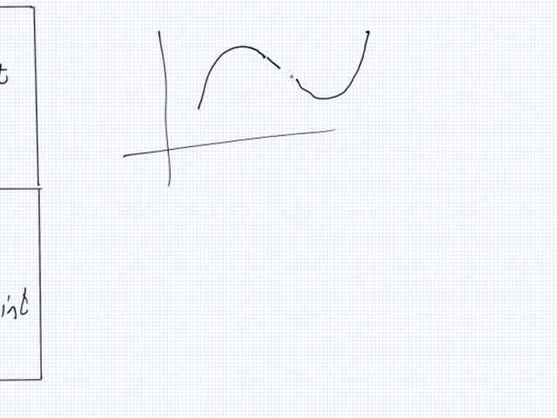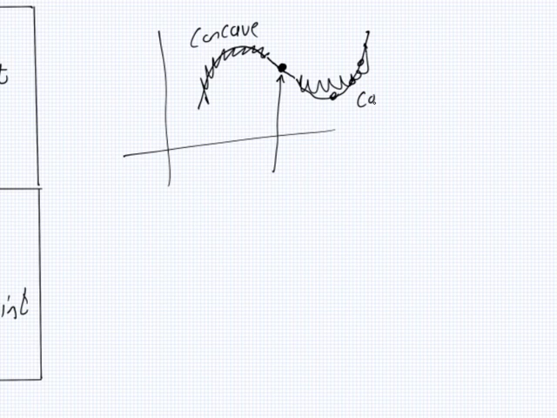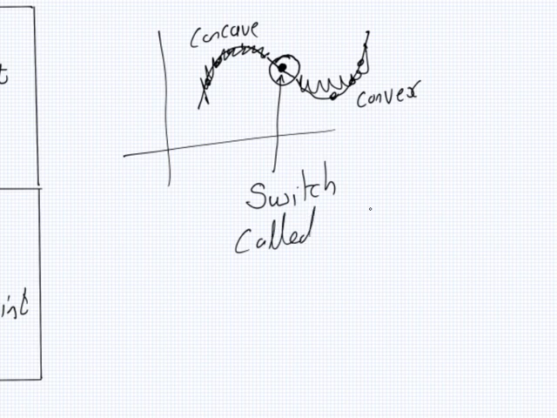But here, where these two shapes meet, everything here is concave, and every point here is part of a curve which is convex. But this point right here, it's the point between the two where it switches from being concave to convex. This is where the switch happens, and this point is called the inflection point.